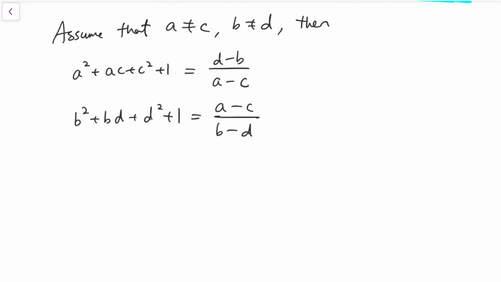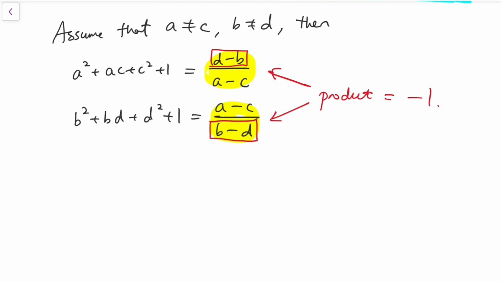Now on one hand, the expressions on the right have a product exactly equal to 1. Sorry, minus 1, because the d minus b and the b minus d have the signs swapped.